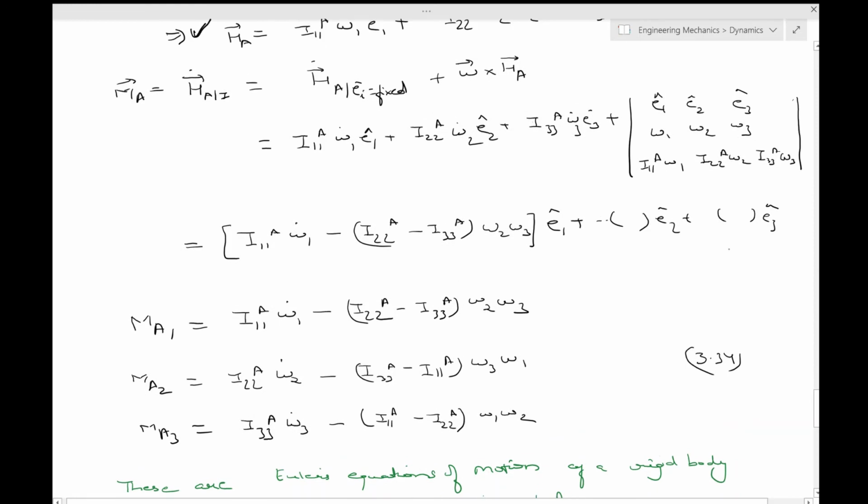You will only have this E3 component if omega and omega dot are in the direction of principal axis of inertia.